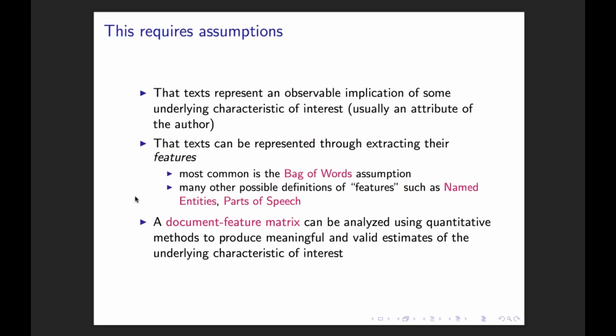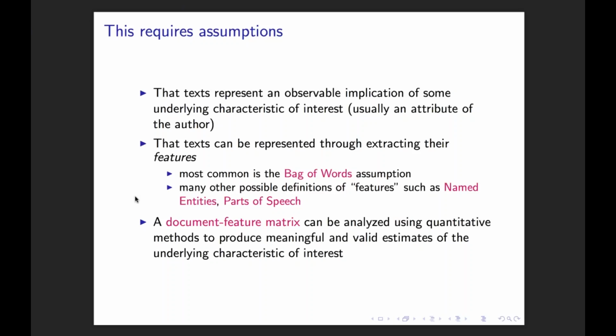So in order to come up with this document frequency matrix, it requires a number of assumptions, and so I just want to talk a little bit about what those assumptions are. First of all, in order to think about representing text quantitatively, we must believe that the text itself represents some sort of observable implication of some underlying characteristic that we're interested in.